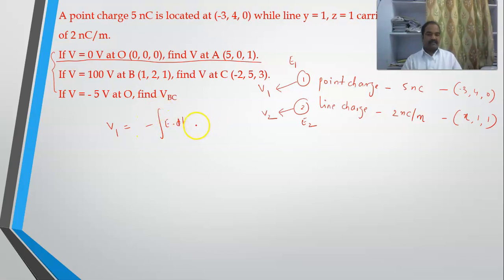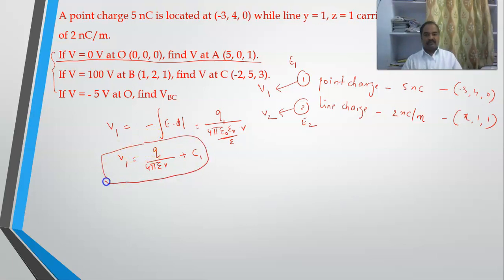But since we have already done it, we know it's Q by 4 pi epsilon naught epsilon r. If you want, you can directly merge them as epsilon. So V1 is equal to Q by 4 pi epsilon r. Normally there will be a constant, because we are integrating it, but most of the time we ignore that constant. But here let us keep that constant as C1. So this is the expression.